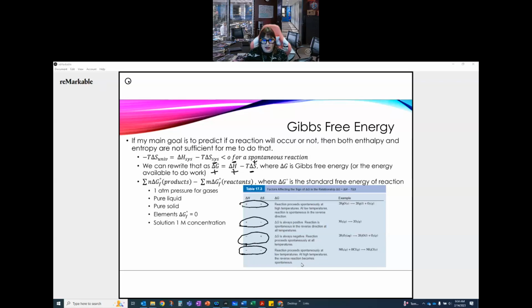But this table you will not get, and you will need to be able to walk through the logic on it. So not only will you have to be able to predict it, but you'll have to explain to me why. And we just talked about the why. Where it's temperature dependent, it's because that's the bigger factor for the one that is either favorable or not favorable.